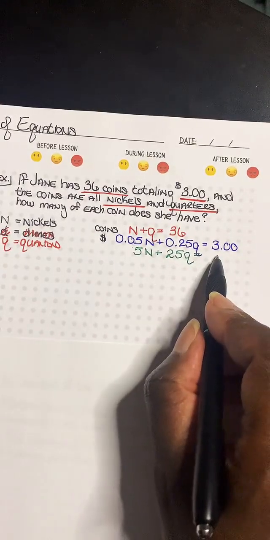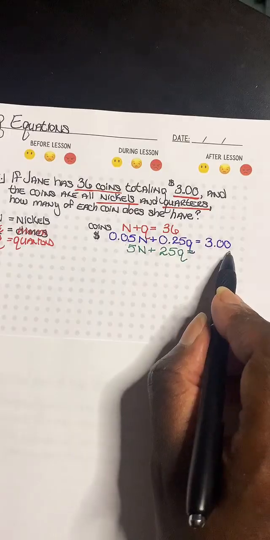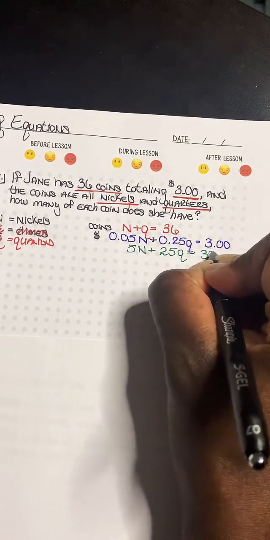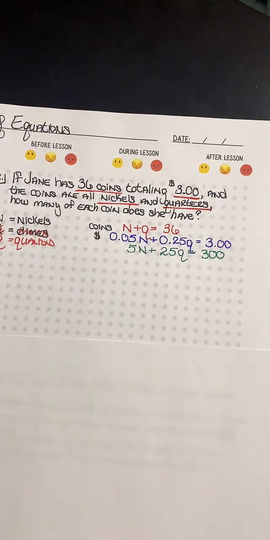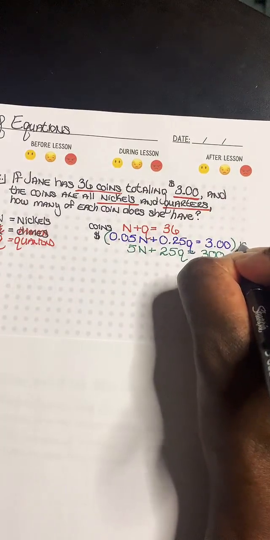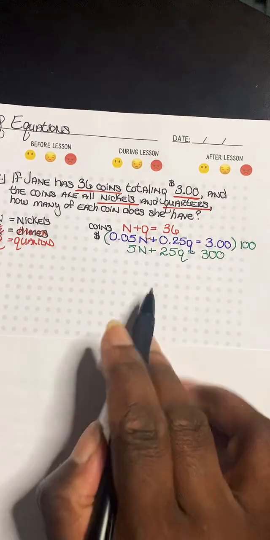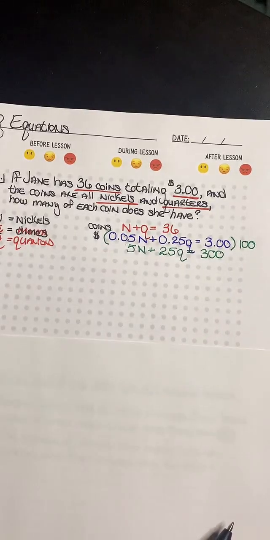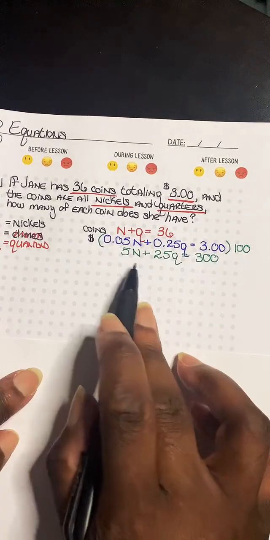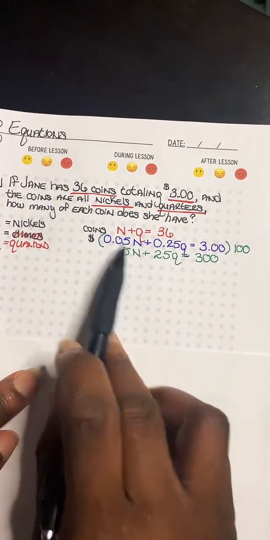And if I multiply $3, that's going to give me 300. Okay, so by multiplying everything in that second equation by 100, now you don't have to feel so threatened, because now I got to deal with whole numbers.